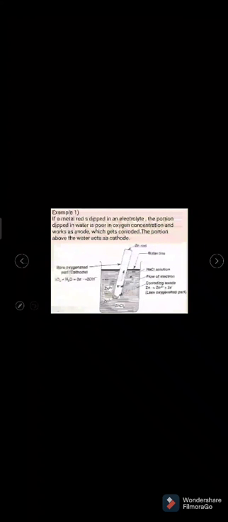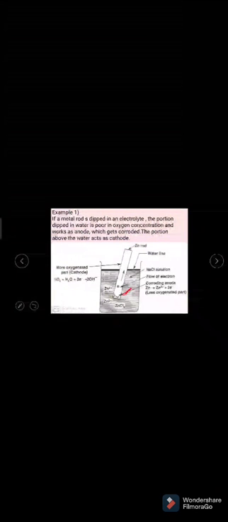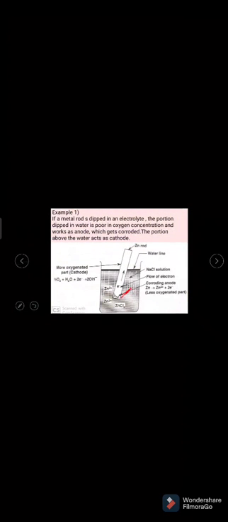If a metal rod is dipped in the electrolyte, the portion dipped in the water is poor in oxygen concentration and works as the anode, which gets corroded. The portion above the water line acts as the cathode.